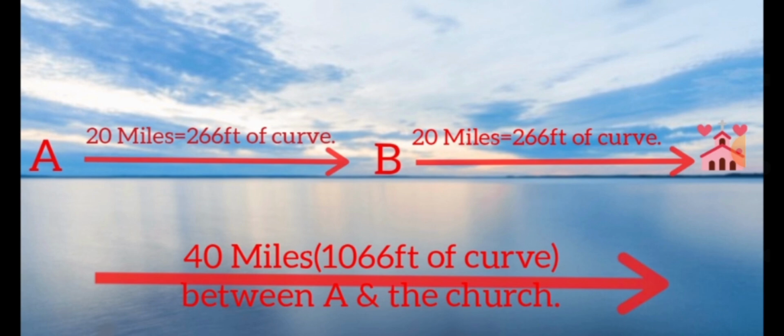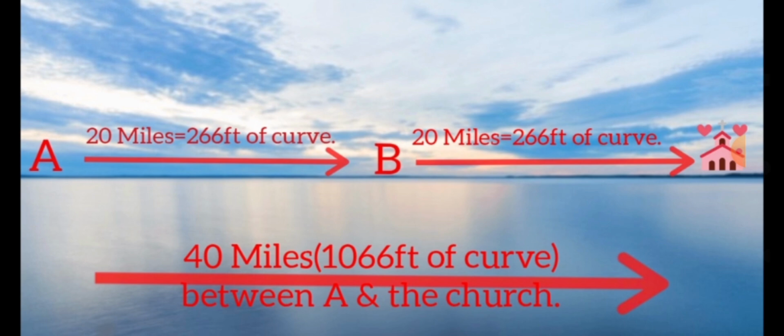But as we know, observer B, who did his observation and snuck a peek at the Church of Love, only observed what appeared to be around, say, 266 feet of so-called curve, which again we know is optical and not physical. And this is a prime example to show you why the globe Earth mathematics breaks and fails when you use cross-referencing of two observers.